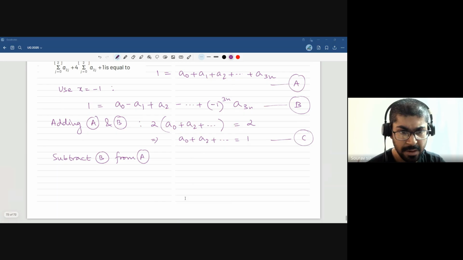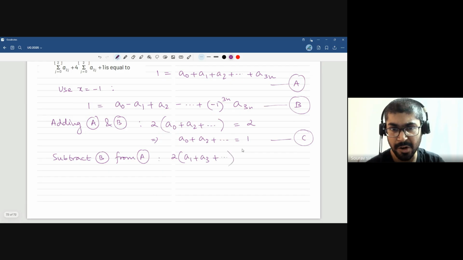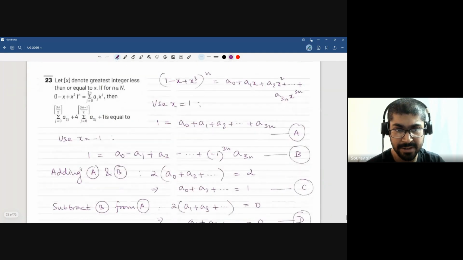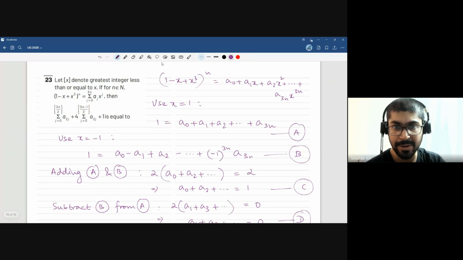That will give you all the odd terms. Twice of a1 plus a3 plus dot dot dot. We subtracted b from a because we did not want the odd terms to go negative. Even if you do it negative, you'll have to do one more step, multiply by -1, and you'll get the same thing. So all of the odd terms add up to 0. Now I can use C and D to calculate this.